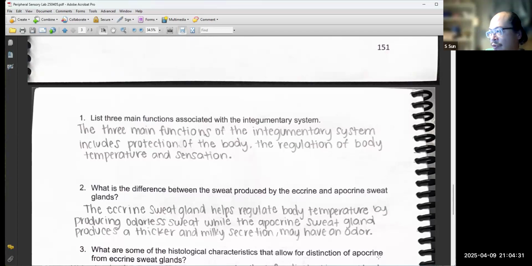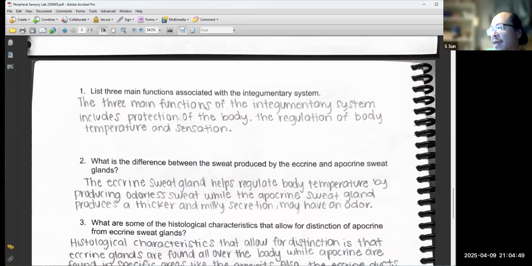However, the apocrine, if we look at the histology, you can see that its duct, sweat tube or sweat duct, doesn't go to the surface of the skin. Instead, it connects into the hair follicle. So that would be my answer.